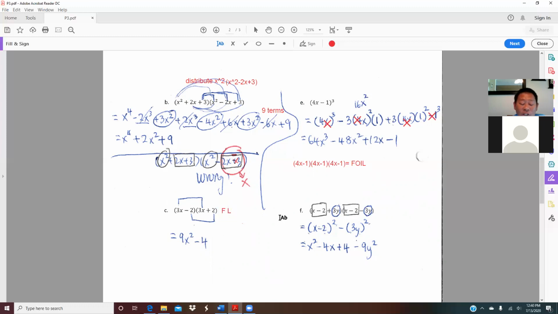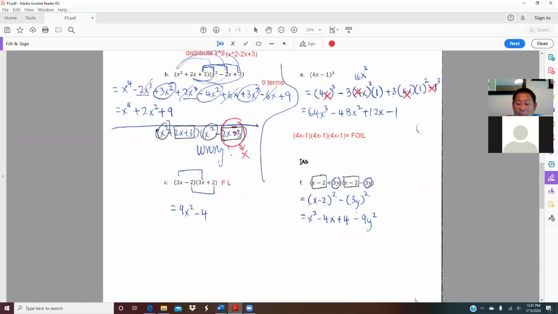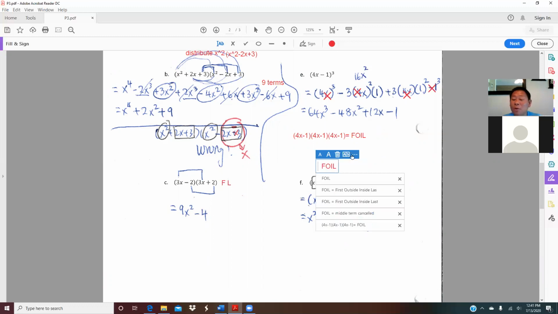Question F, if you want to do the easy way, I just want to point out what happens, you can also FOIL it too. Because I will really recommend you, again, you're not at the calculus level yet, so I will recommend you to FOIL this one out too.